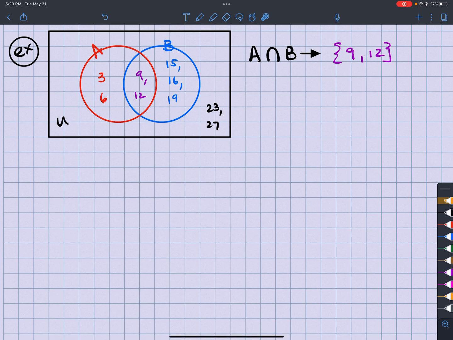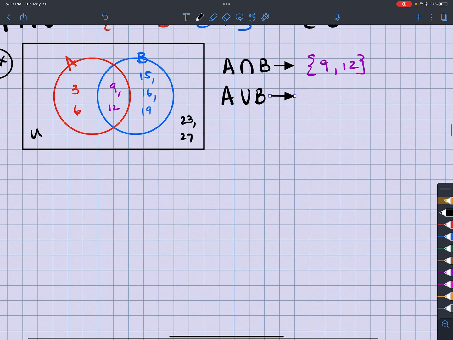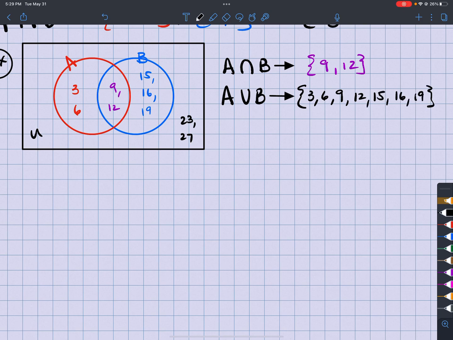Okay, how about A union B? So now I am putting this A is going to marry this. So in other words, everything in the red and blue is going. So if everything in the red and blue is going, that means I got 3, 6, 9, 12, 15, 16, and 19.